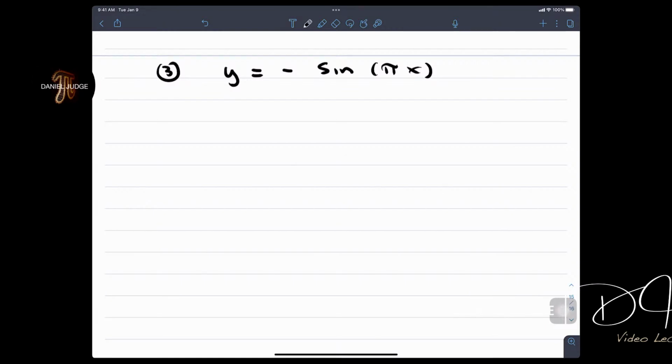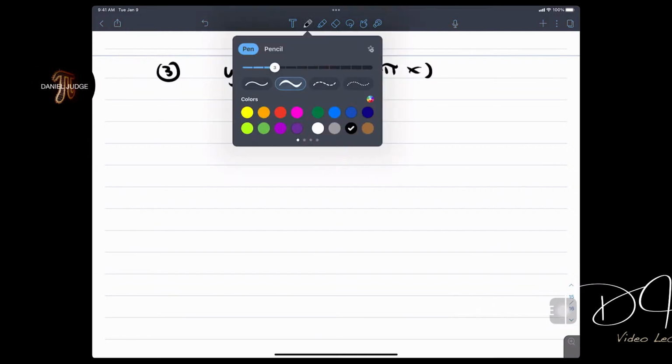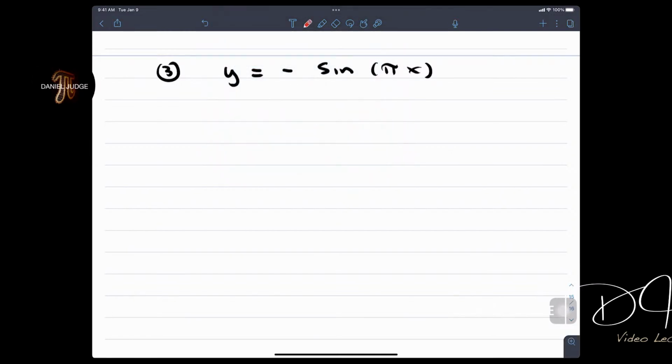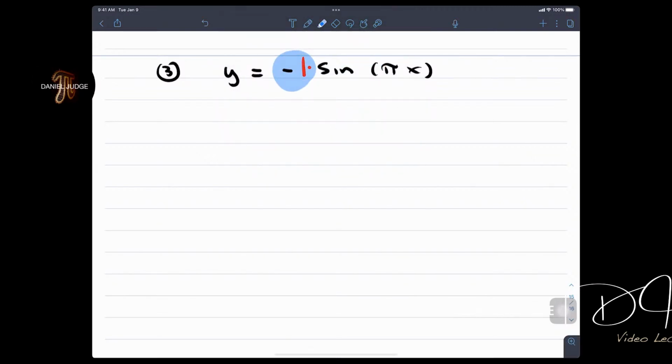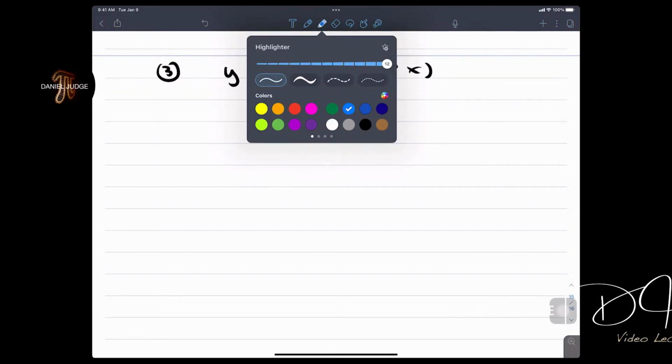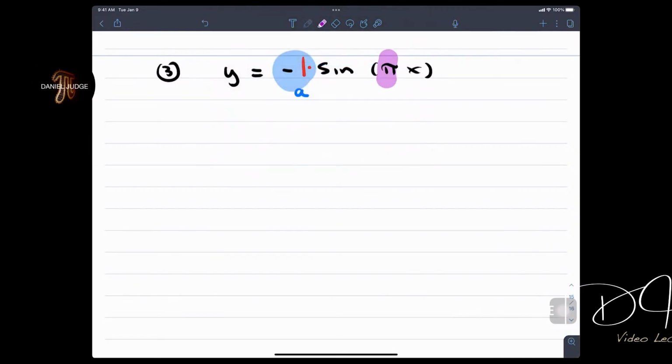All right, so I want to emphasize a few things here. Again, this minus sign in front of sine is thinking of this as a -1 times sine. So the a value here is -1. The number in front of the x, that's our k value, well, that's pi.